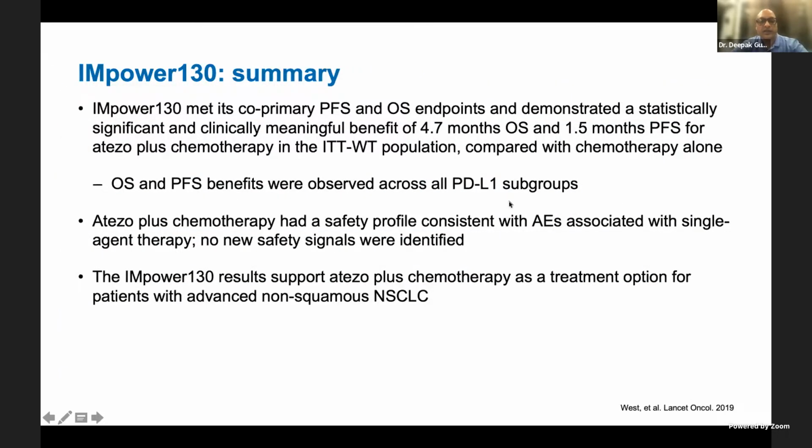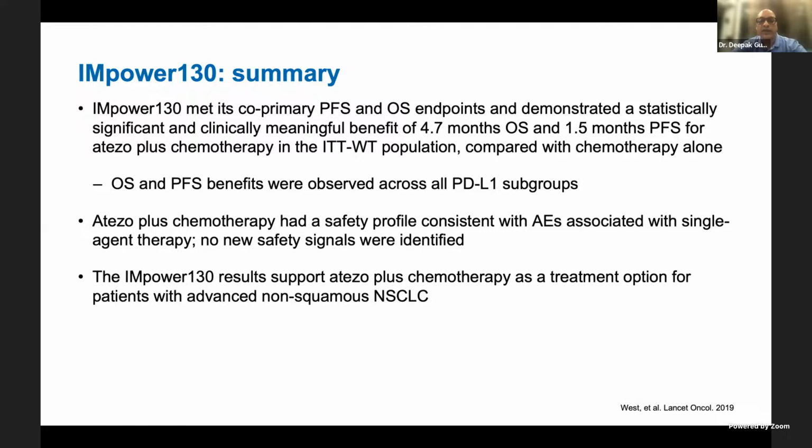So IMpower 130 met its co-primary PFS and OS endpoints and demonstrated a statistically significant and clinically meaningful benefit of 4.7 months in OS and 1.5 months in PFS for atezo plus chemotherapy. These benefits were observed across all PD-L1 subgroups.